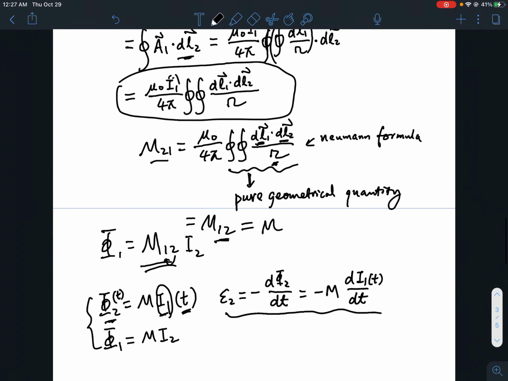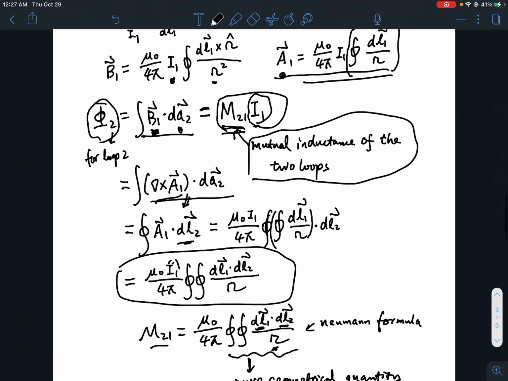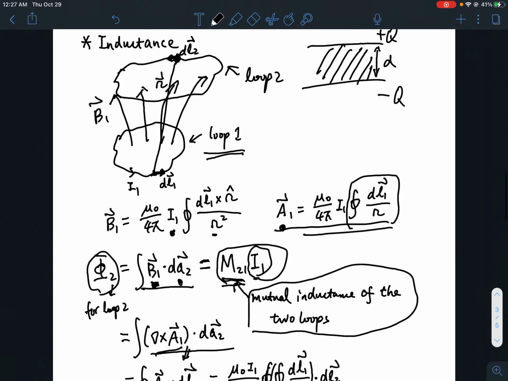Because I1 depends on time, it will create an electric field in the loop. That really means if I1 is changing, it will induce some current I2 in the loop. It is really amazing: I1 and I2 are not connected at all.